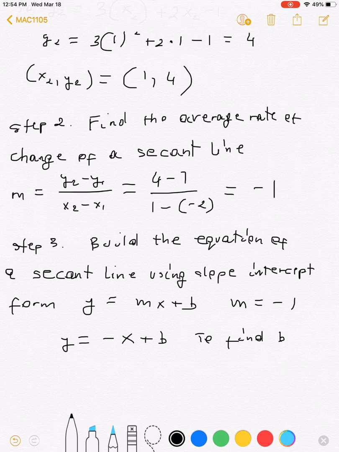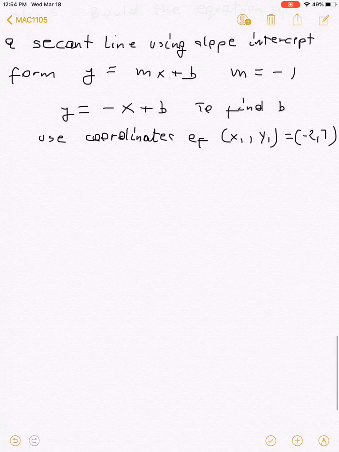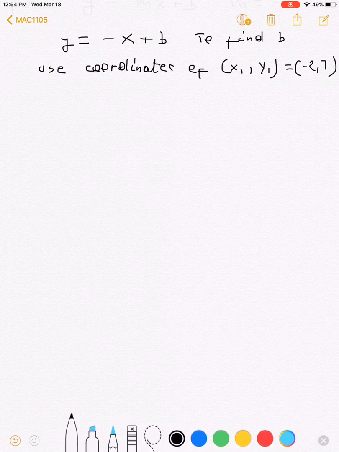So to find b, use coordinates of x1, y1, which is, what was the x1, y1? -2, 7. Okay, so let's do it.